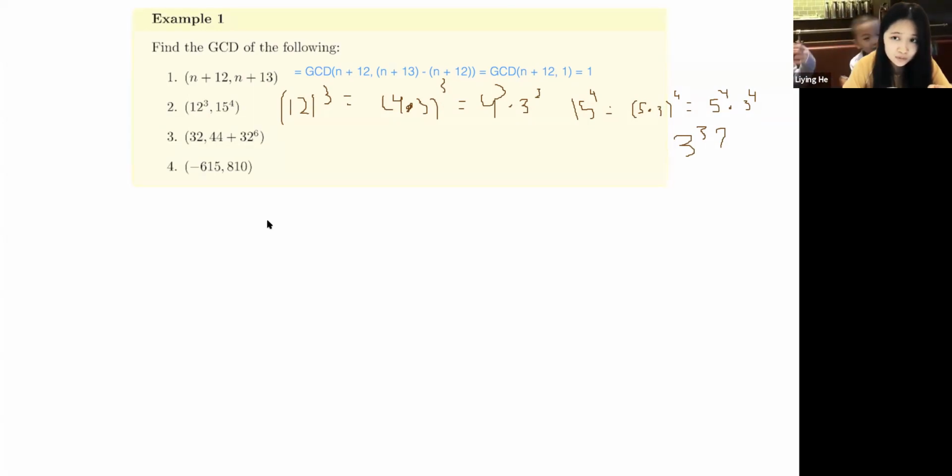No one's trying number 3? Okay, if you don't know how to do number 3, try 4. At least try 4. 4 is not a hard one, right?